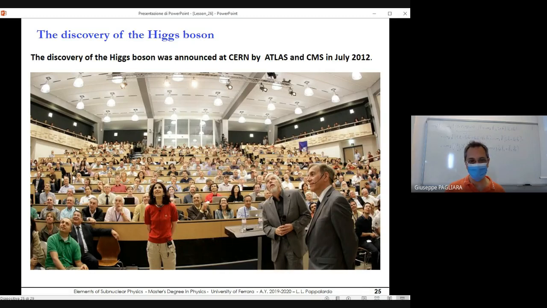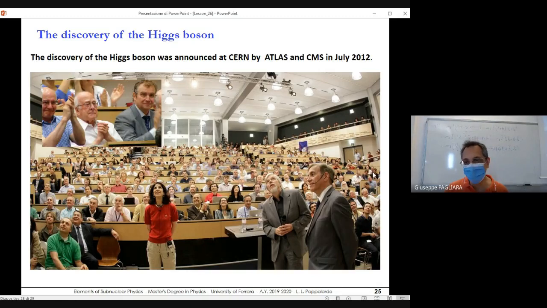Who you see here are a lot of people from CERN. Heuer, who was the general director of CERN at that time, in 2012. Then Incandela, who was the spokesperson of CMS, and Fabiola Gianotti, who was the spokesperson of the ATLAS experiment, and who is now the CERN general director.